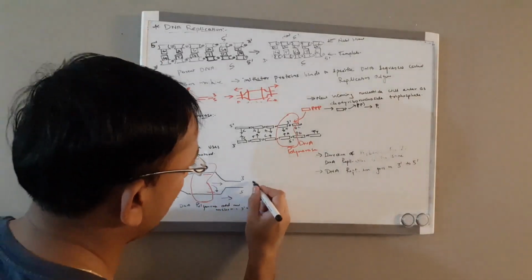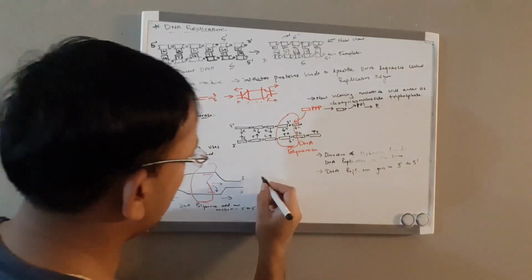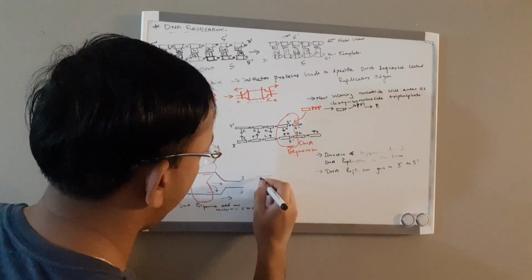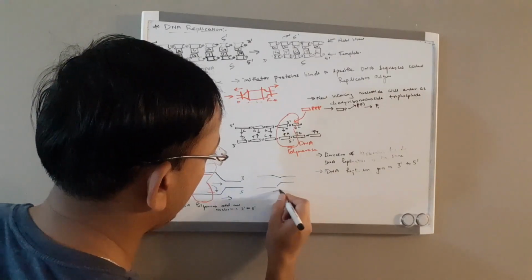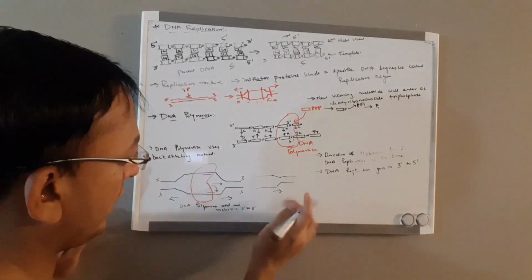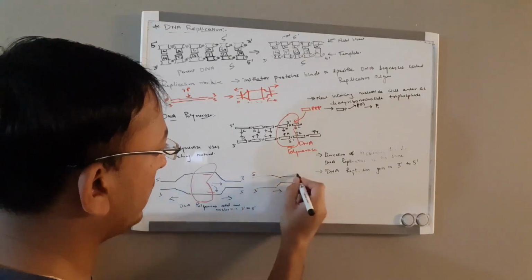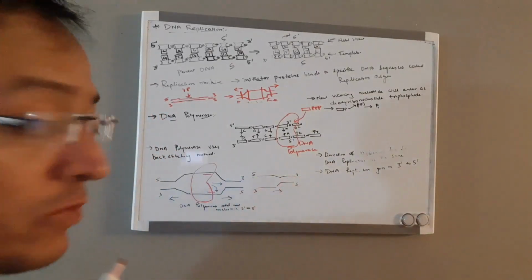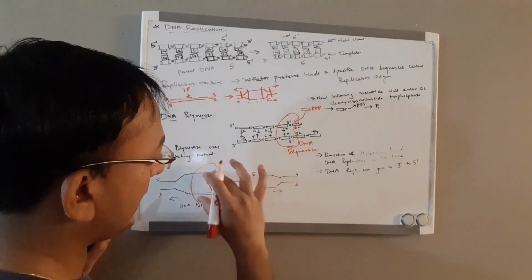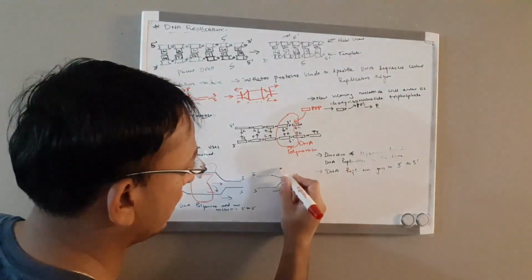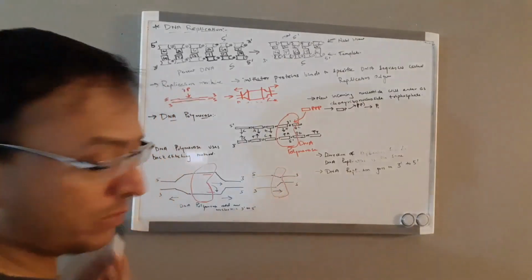I will make just this section over here. What is happening is how this 5 to 3 direction is made. For example, this has dropped a new nucleotide, then the DNA polymerase moves further, and this is where we have our DNA polymerase.